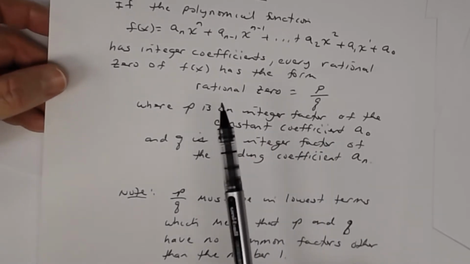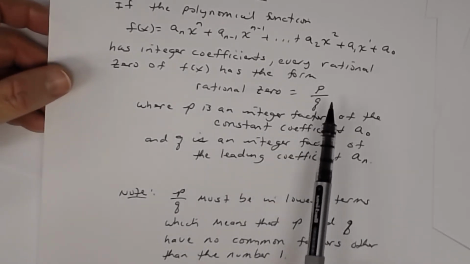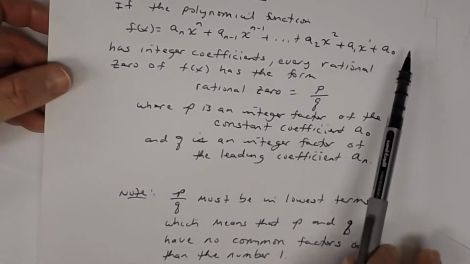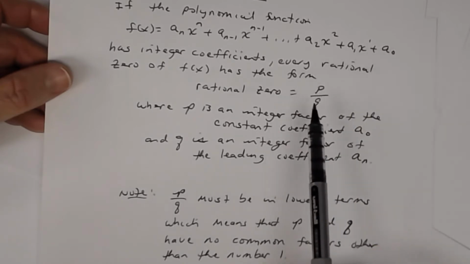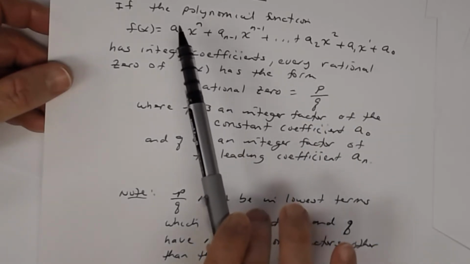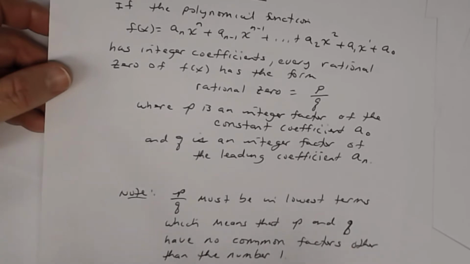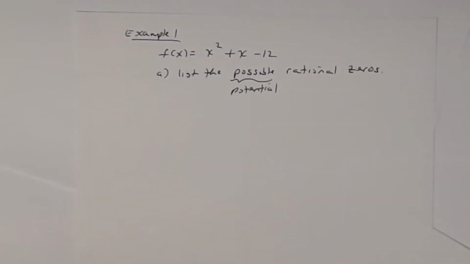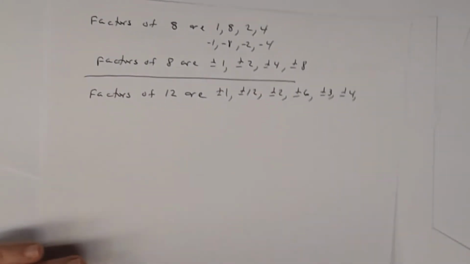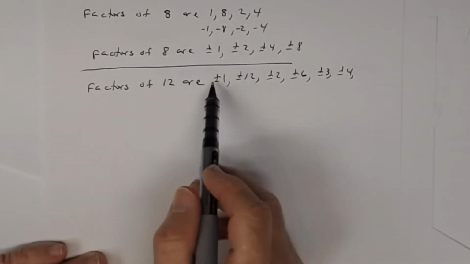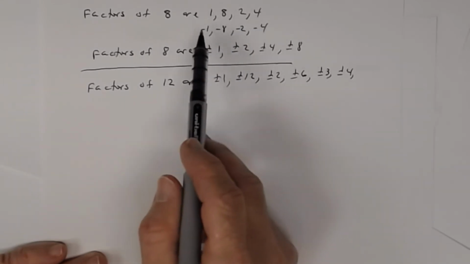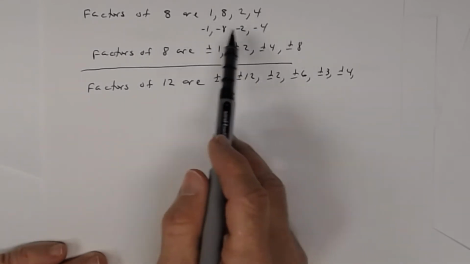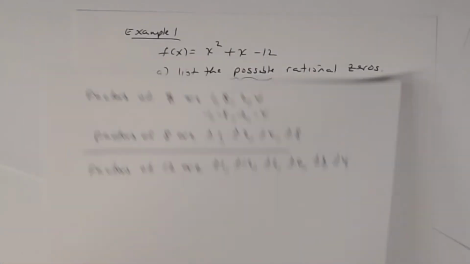The rational zero theorem must be of the form p divided by q, where p is an integer factor of the constant coefficient and q is an integer factor of the leading coefficient. Okay? It's also very important, I remind you, that when listing factors, don't forget the plus or minus. So it's not just positive integers, look at the negative counterparts as well. That's going to be important.